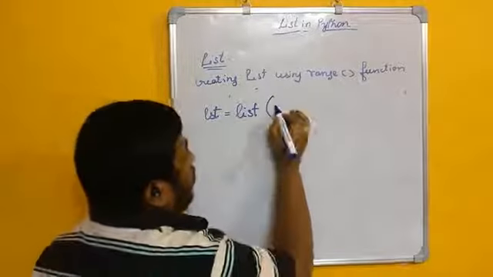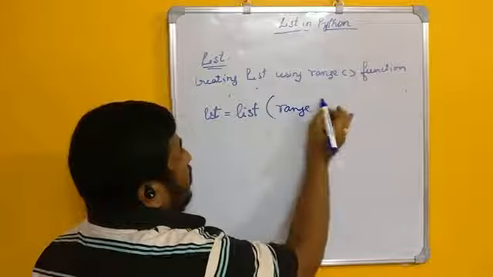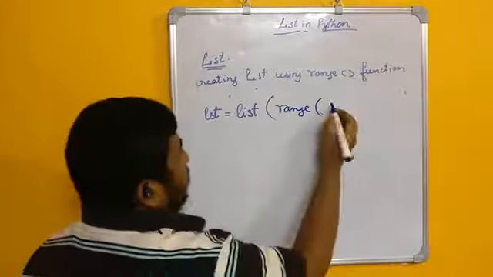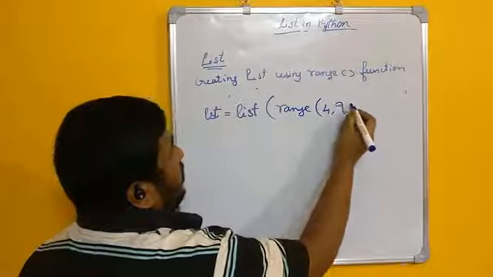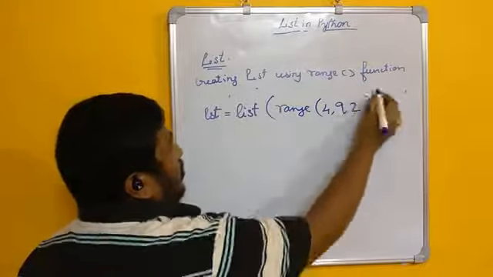So the range should be passed in a list, 4, 9, 2. We should pass the range function within the list function. So whatever numbers the range generated will be the list.